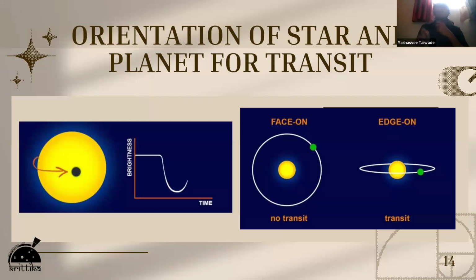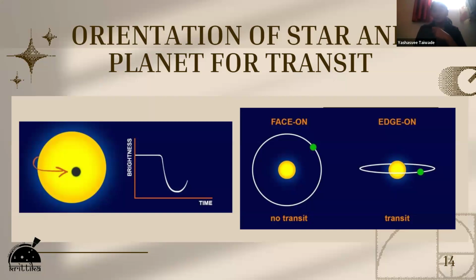Now transits, as you can see over here. Suppose I am an observer, and there is a star in front of me. There needs to be a planet, so a planet needs to orbit between us for us to observe a transit.